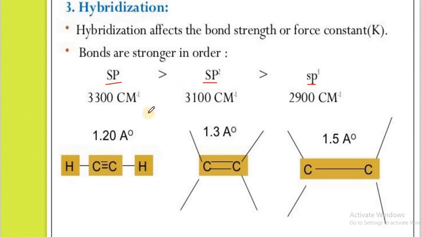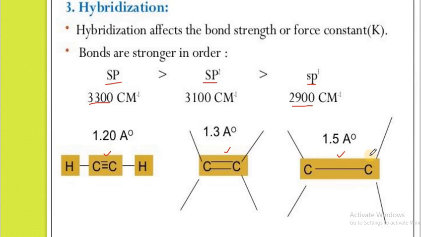As the bond is stronger, so is its frequency, and this has 3100 centimeter inverse, and this 2900 centimeter inverse. So we already know that in sp hybridization there is a triple bond, in sp2 there is a double bond, and in sp3 there is a single bond.